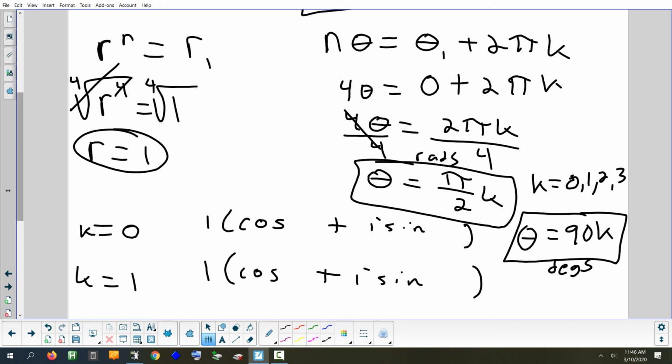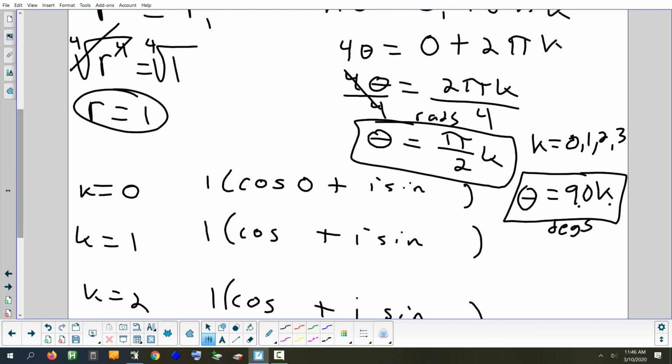Okay. Now, let's start by letting k equal 0. What's 90 times 0? 0. That's your first answer. 0 degrees. Next answer, k equals 1. What's 90 times 1? 90. 90 degrees. Next answer, k equals 2.